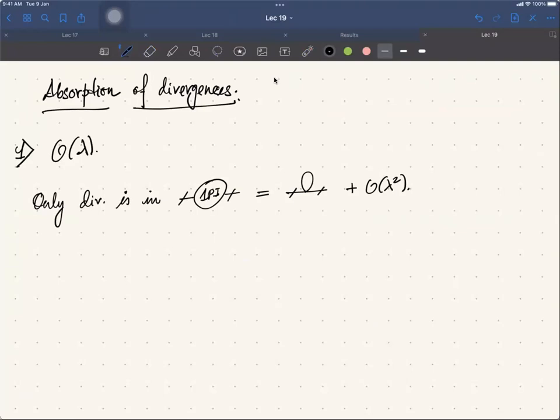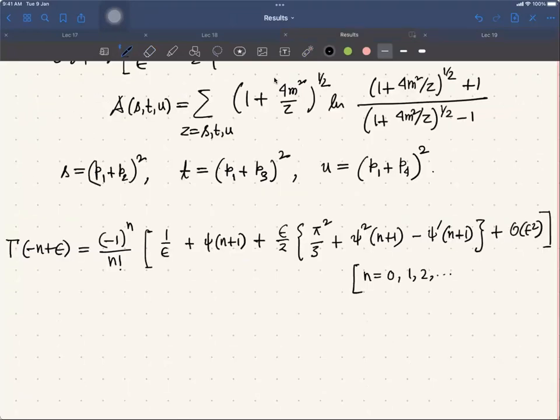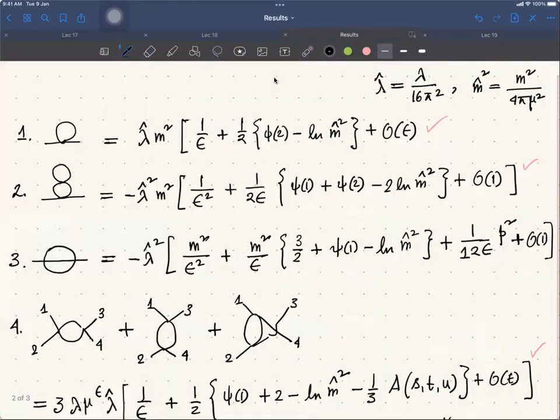We have calculated this result, and the result is lambda hat times 1 over epsilon plus this one, which is a function. I have collected these results here. This is the relevant result.